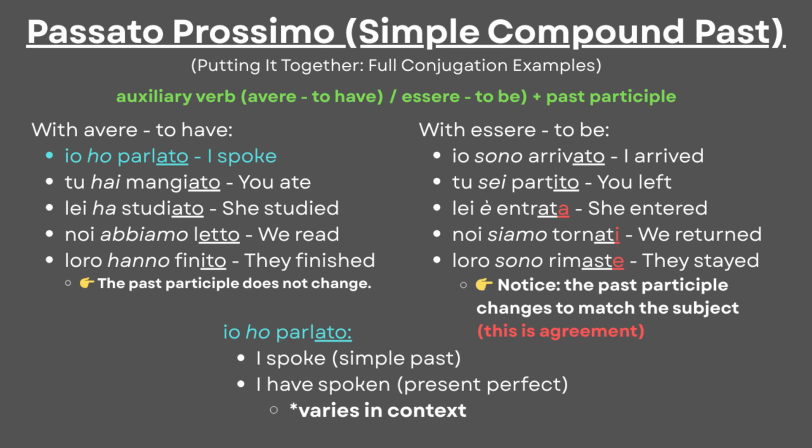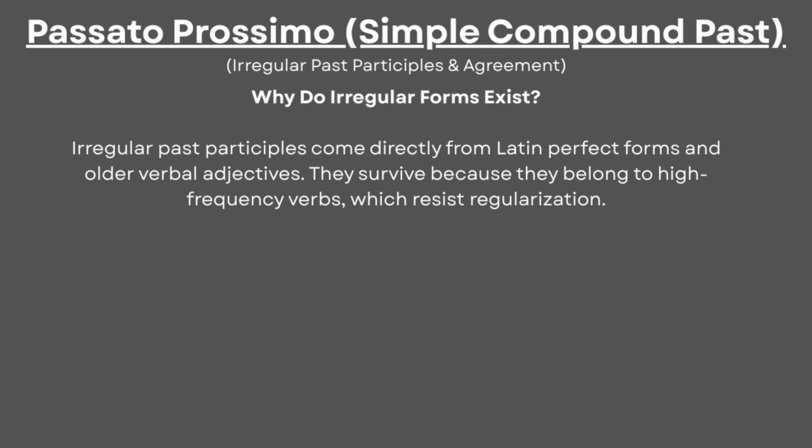After learning the main structure of the tense, we can now see irregular participles in agreement. Irregular participles exist in Italian because they come directly from Latin perfect forms and older verbal adjectives. They survived because they belonged to high-frequency verbs, which were not regular.